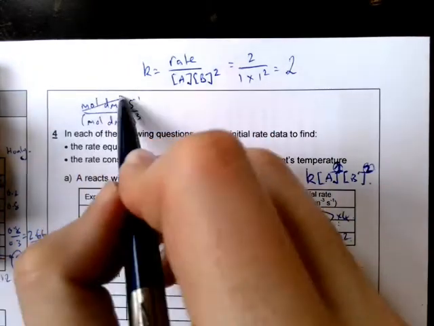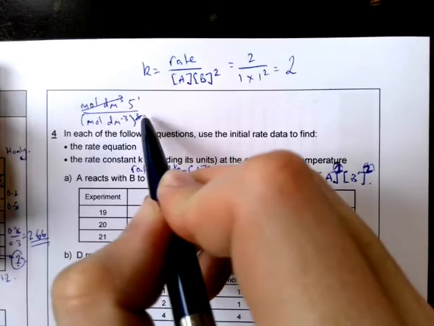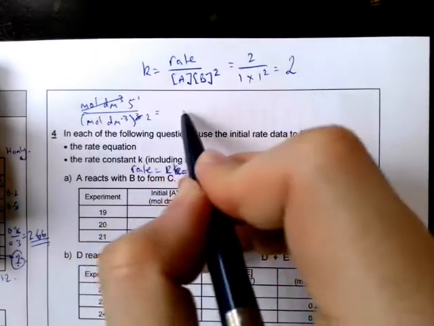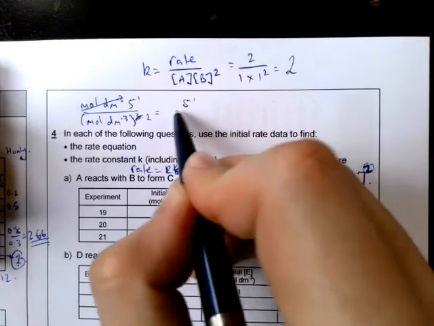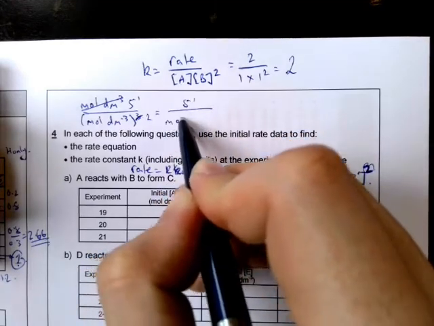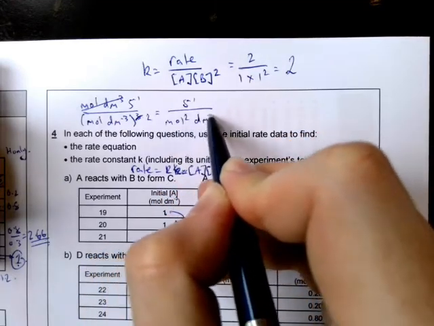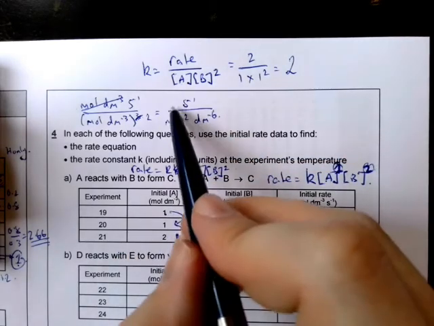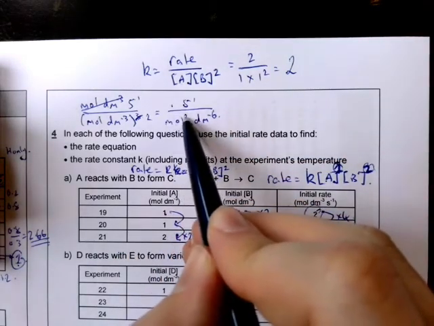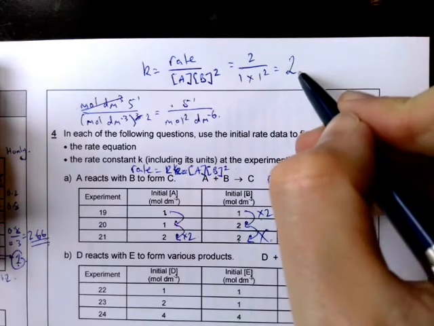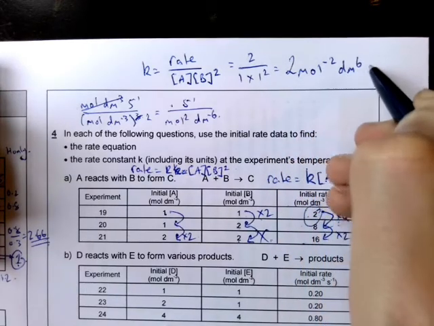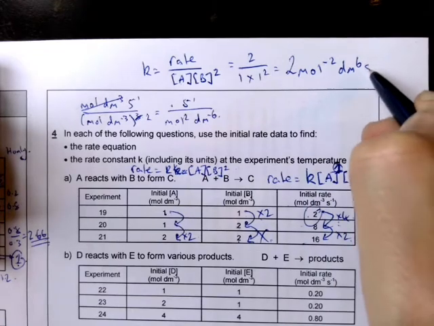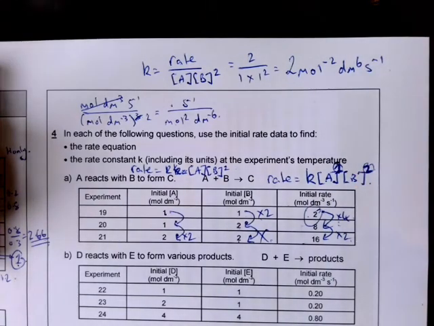So I can cancel one of those, which is going to give me seconds to the minus 1 divided by moles squared decimeters to the minus 6. I'm taking the reciprocal of this, so these are going to change sign. So it will be moles to the minus 2, decimeters to the 6, seconds to the minus 1.